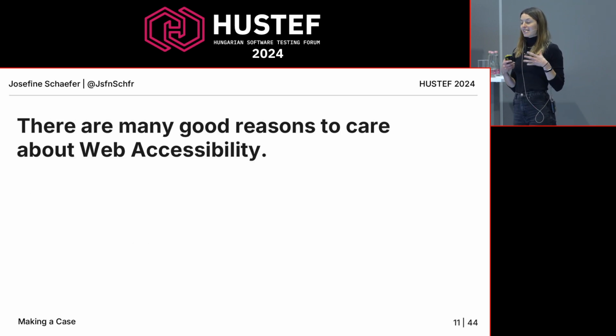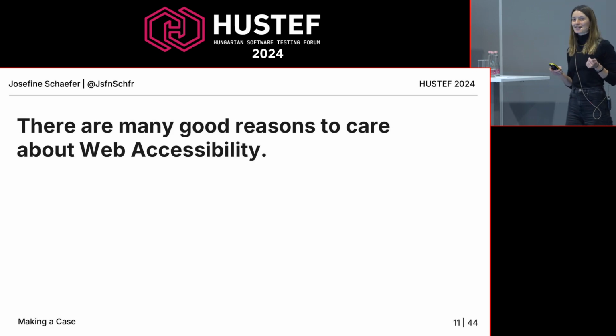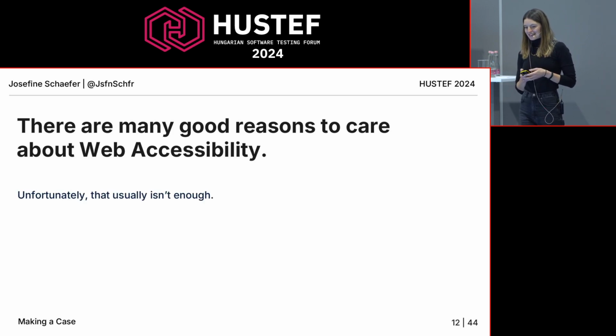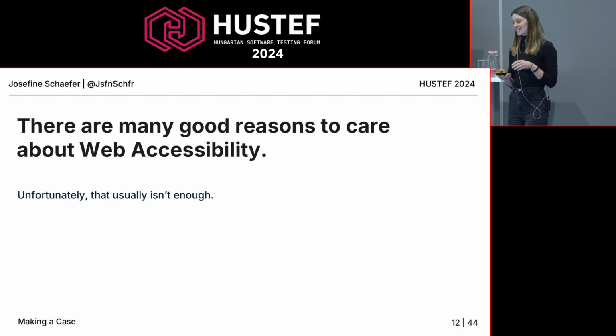There are many good reasons to care about web accessibility. And I'm assuming if you made it here out of all the great content that we have at the conference, you already care a little bit. And I applaud that. I'm really happy you made it here. Usually, to convince somebody to care about web accessibility, caring is unfortunately not enough.